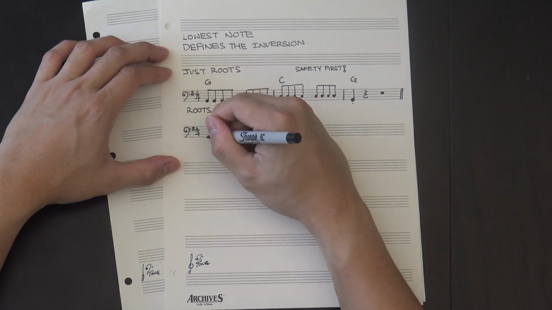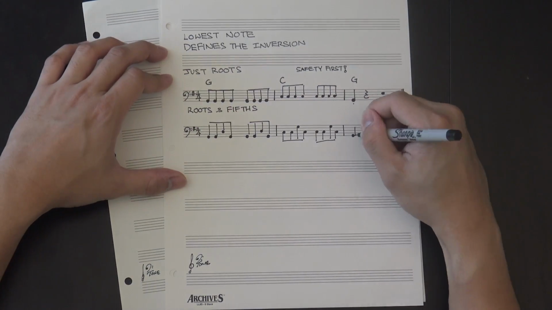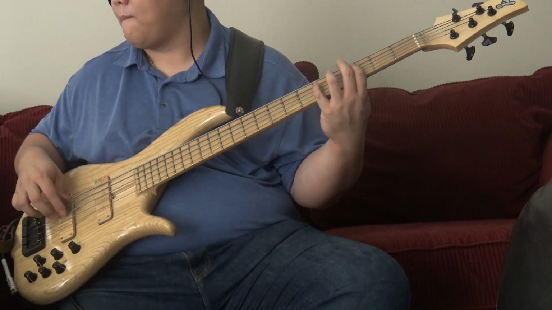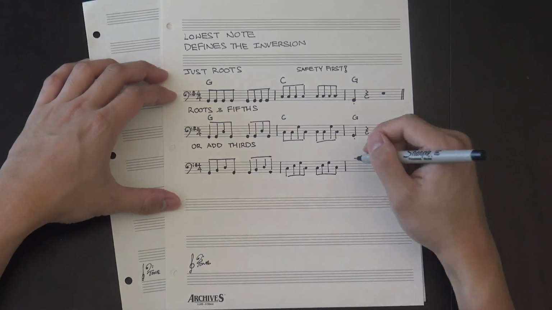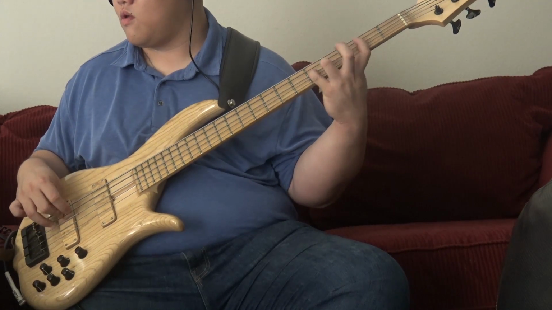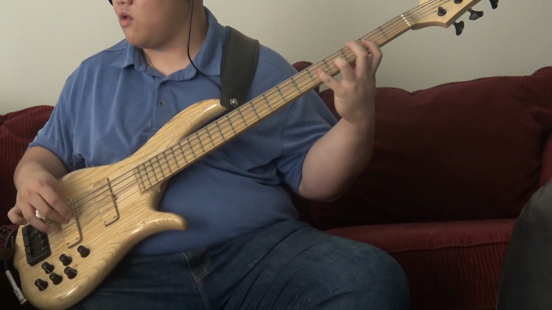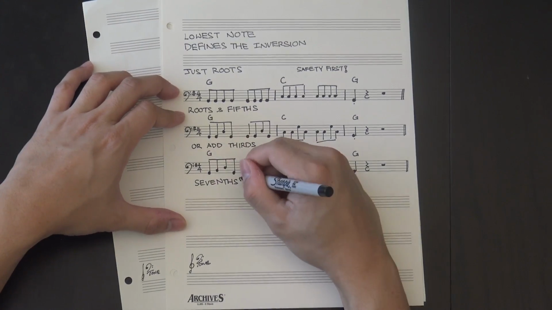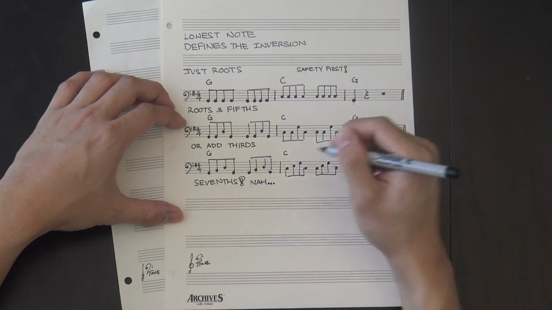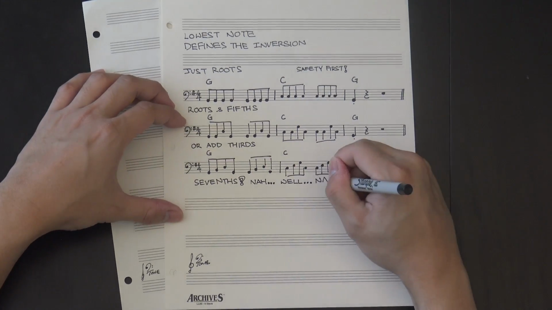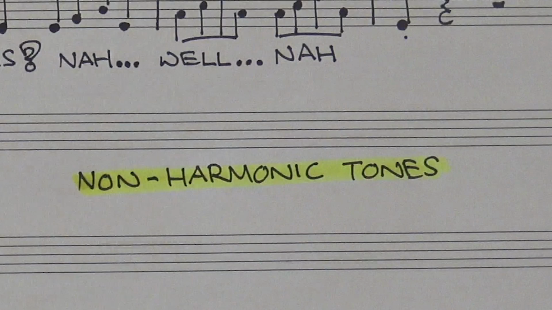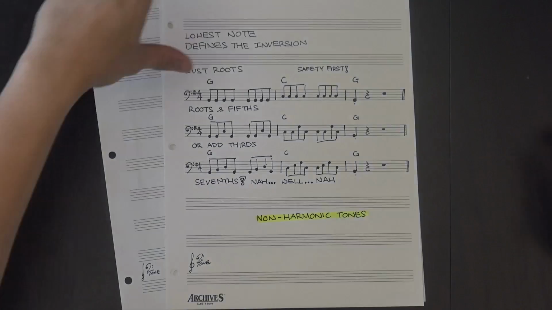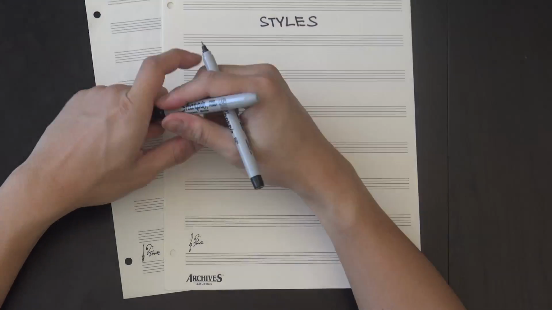You can add a little variety by going back and forth between the root and the fifth, or spice things up even more with a third. Honestly, the 7 is rarely a good idea, especially if it's major, but if it works for what you want to do, go for it. You can also include passing tones and other non-harmonic tones, which is something we'll be getting more into in the future.